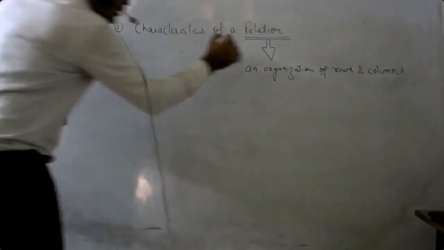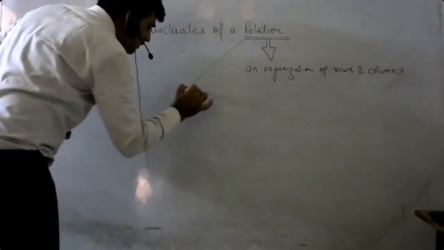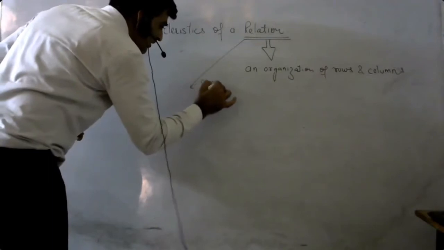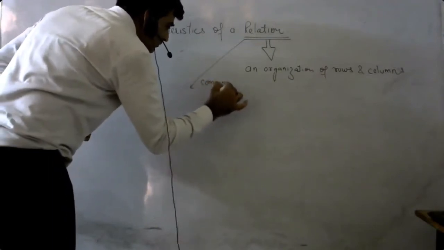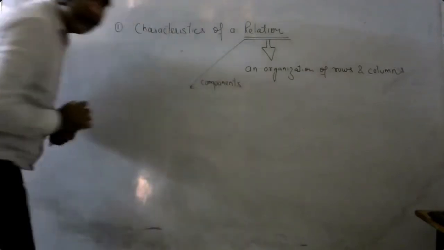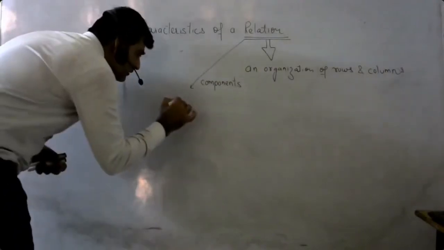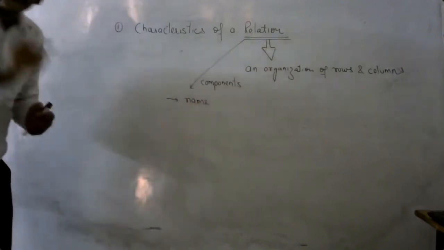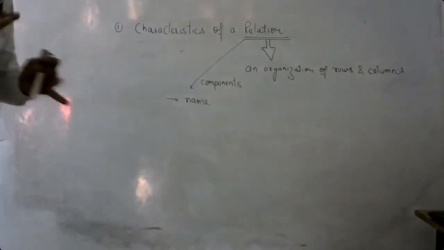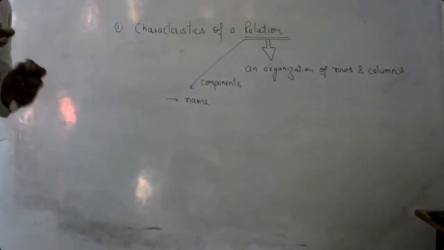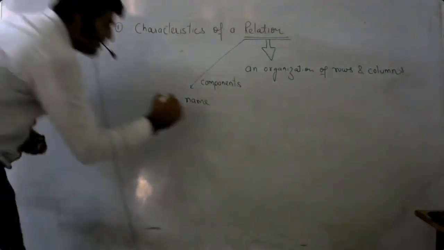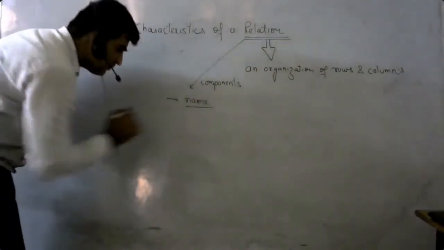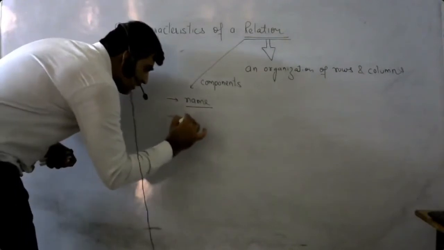And I talked about one more thing, components, if you remember. The very first component was name. Every relation has a name. Very first component. Second component was tuple.